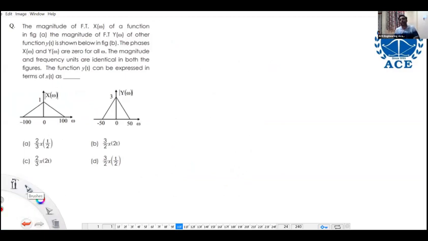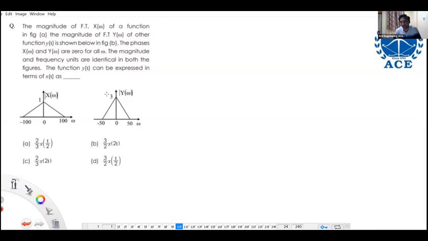When you look at the two triangular spectrums given there, Y of omega is neatly looking like a compressed form of X of omega or not. Of course, some amplitude scaling is there. Compression in frequency means what will happen in the time domain?